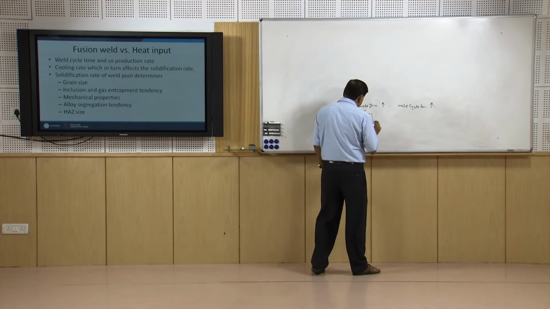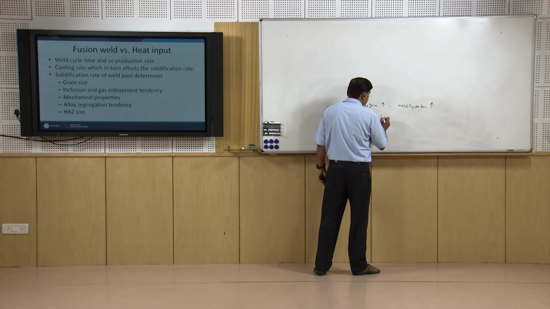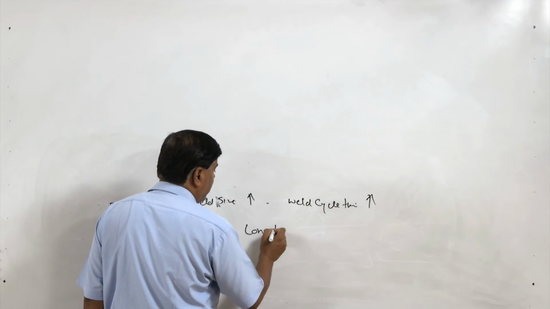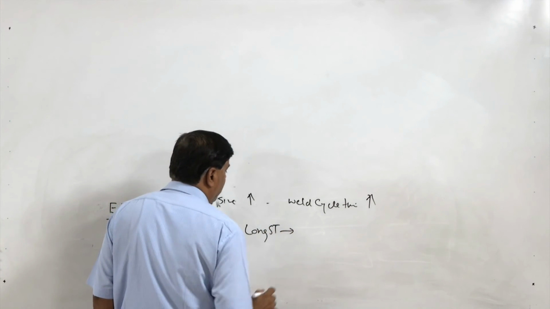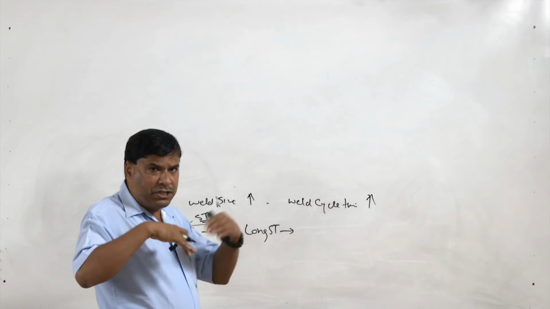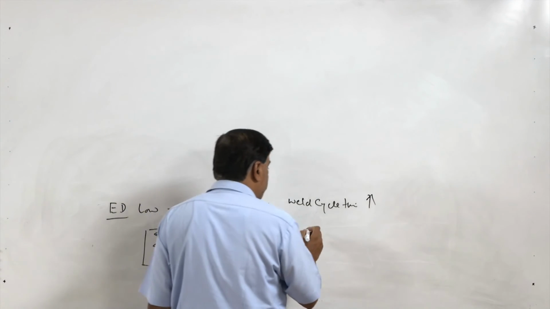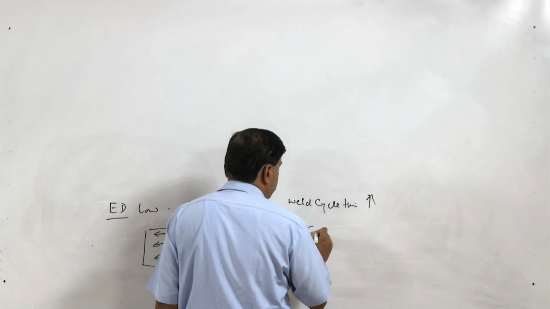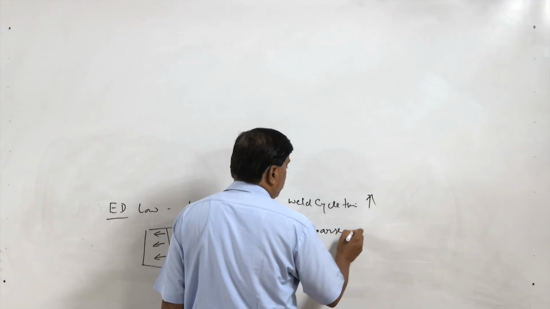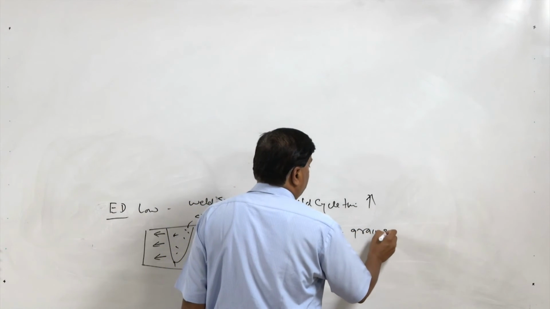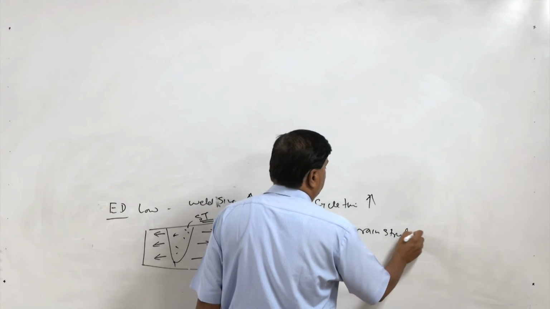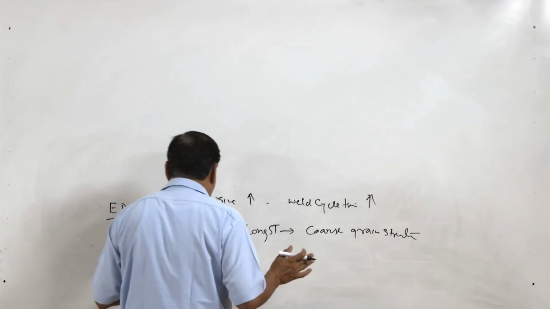This longer solidification time allows each of the constituents in the weld to grow to a large extent. So it results in a coarse grain structure, because a lot of time is available for the grains to grow.